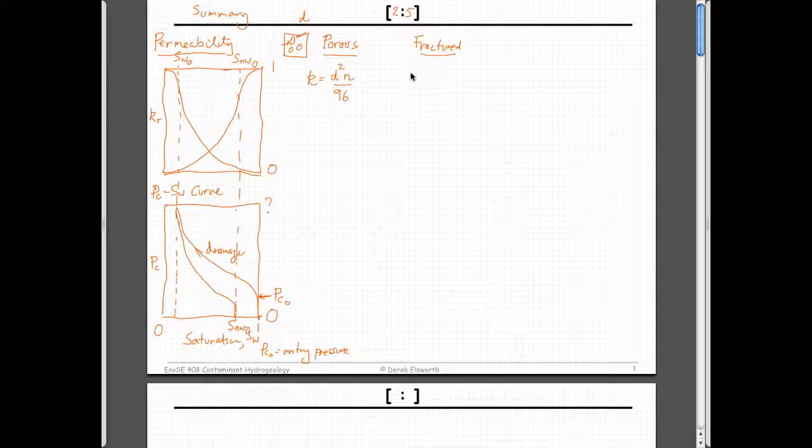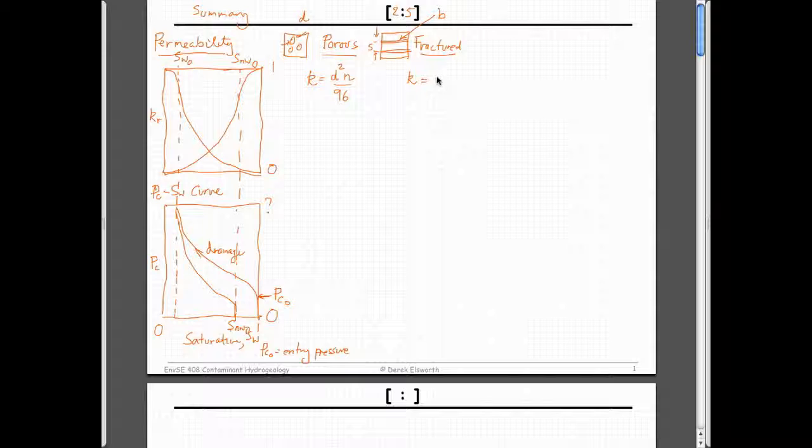We haven't done this yet, but we'll talk about it today. If you look at a fractured medium, where the characteristics are a whole bunch of fractures separated from each other by some spacing between individual fractures, which we'll call S, and some aperture of the fracture, which we'll call B, then you can also define the permeability for this fractured medium, the same way as we had three different values for this.